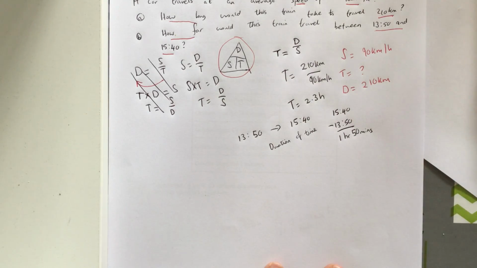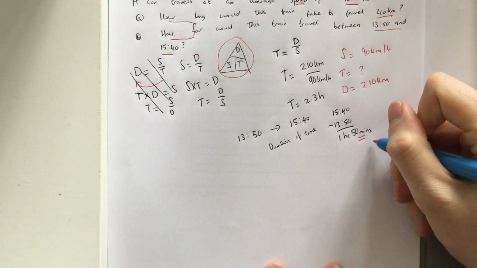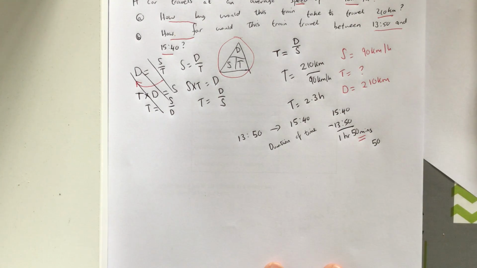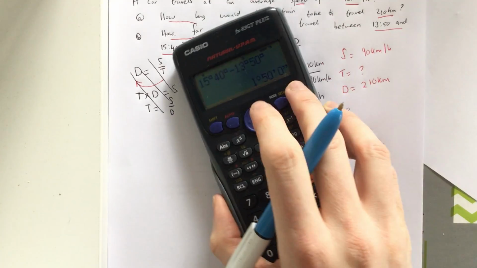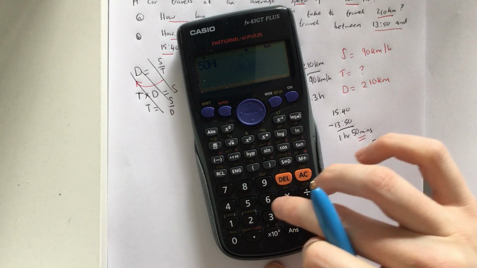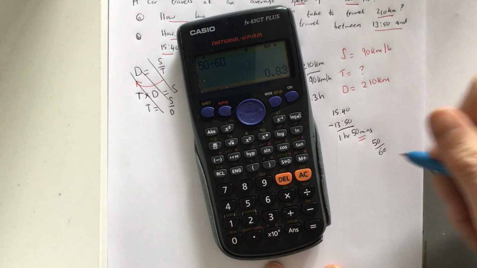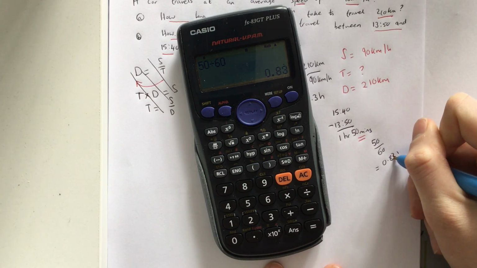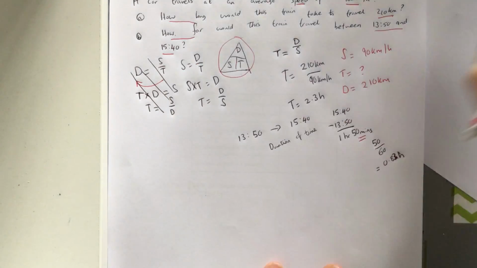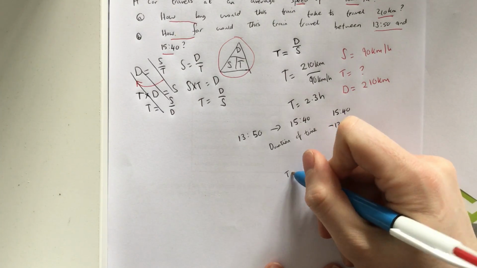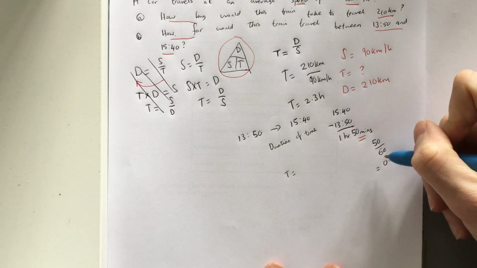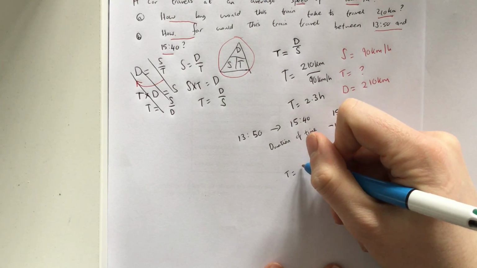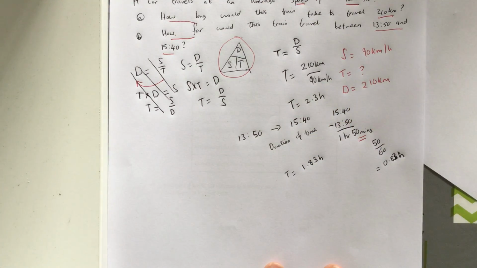Now, remember, minutes, we don't want that. We want to change that, so 50 is a fraction of an hour, 50 over 60. That's 5 over 6, or on your calculator, 50 divided by 60, which gives a value of 0.83 of an hour. So the duration of time in this case is 1 hour plus 0.83, so that's 1.83 hours.